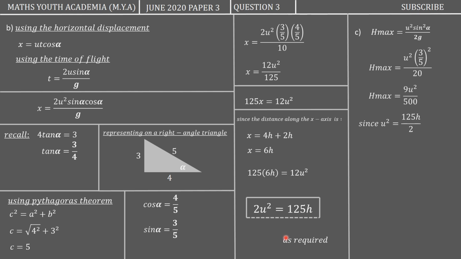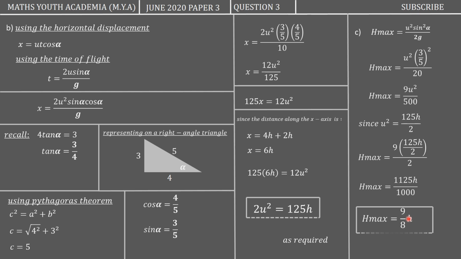Since from our previous proof, our second proof, we have 2u squared equals 125h, I simply divide all through by 2 to have my u squared, to finally substitute where I have my maximum height. So where I have u squared, I simply substitute 125h on 2. Okay, if I simplify correctly, I have 1125h on 1000, which is giving us actually 9 on 8h, which is our third proof.